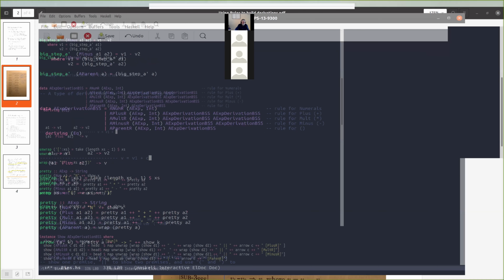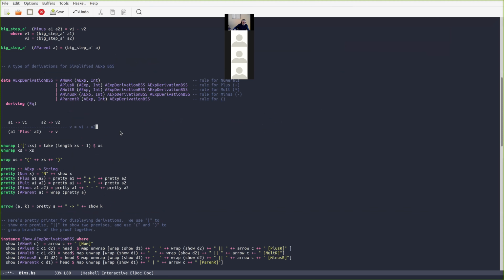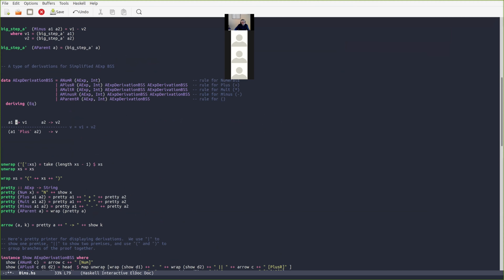So the proof rule for that, like the derivation for that, is going to be, suppose that D1 is a derivation that A1 goes to V1.